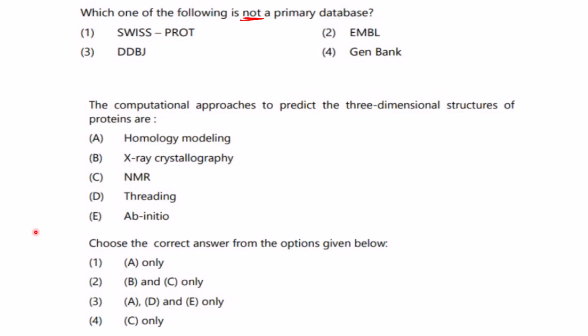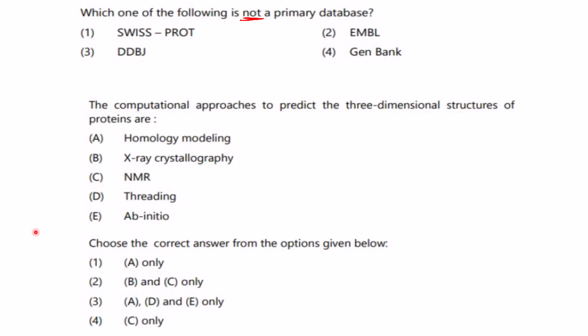That is, you get a new sequence from a new organism, and you are submitting it into GenBank of NCBI. It is nothing but your primary data. It can be either a nucleotide sequence or a protein sequence that you are submitting. So these data are directly submitted by researchers or by various labs conducting various experiments. That is your primary data.